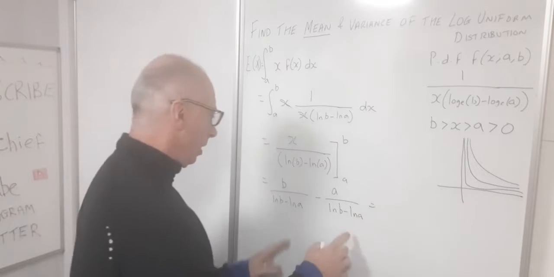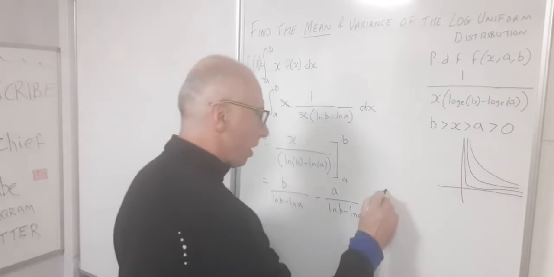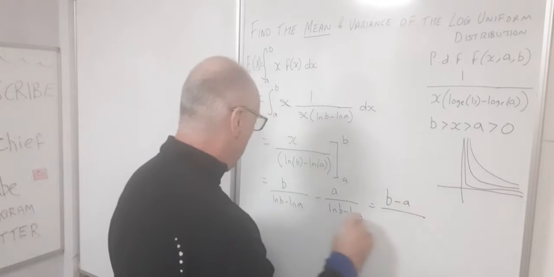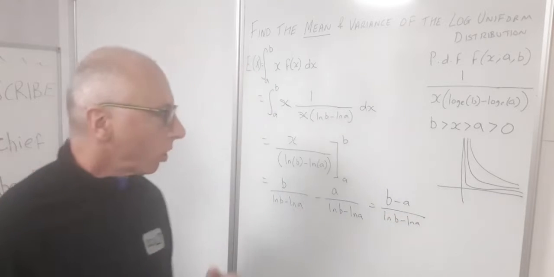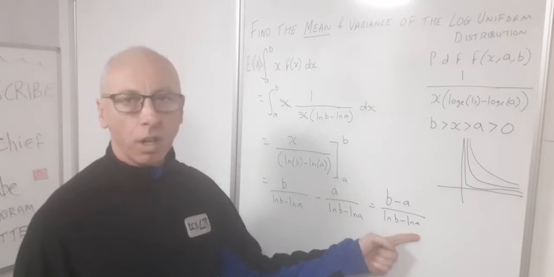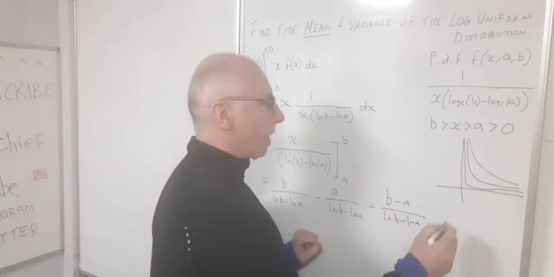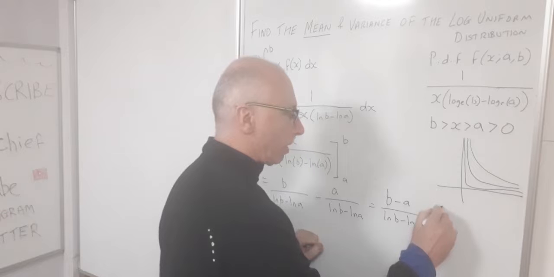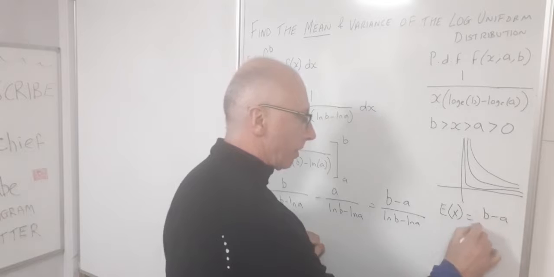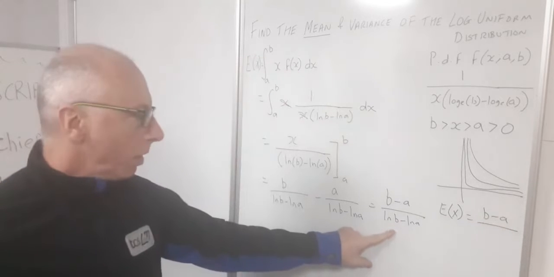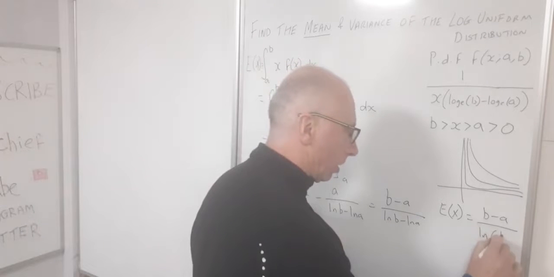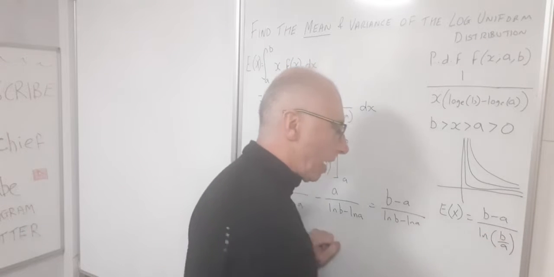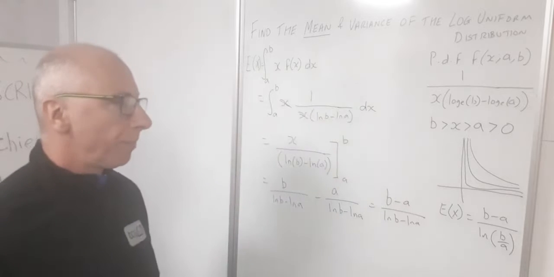Our denominators are the same, so we can write this as b minus a over log of b minus log of a, and we can also write this as log of b over a. So let's write that down as our mean: E of x equals b minus a, then in its simplest form, over log of b divided by a. So that would be that in its simplest form.